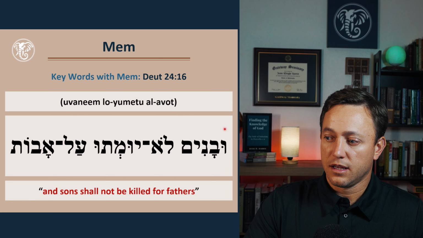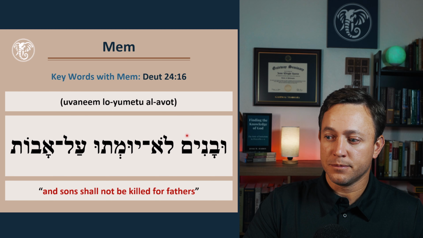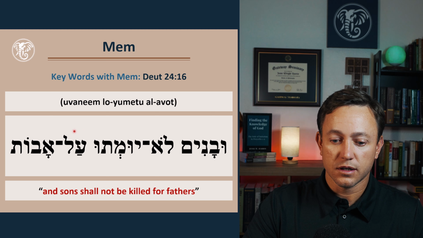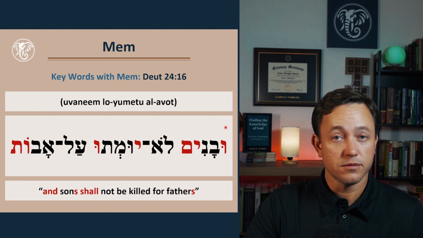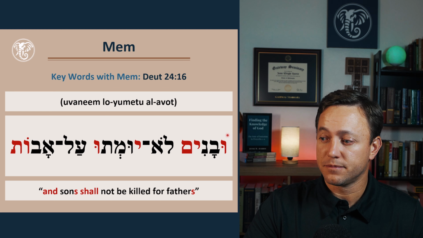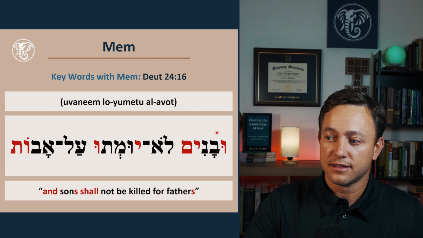All right. Uvanim lo yumetu al avot. So what do we have here? Well, pretty much the same thing, just opposite. U, and, vanim, sons, right? Ben, im, banim, sons.